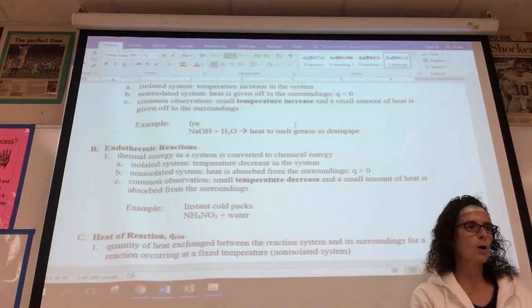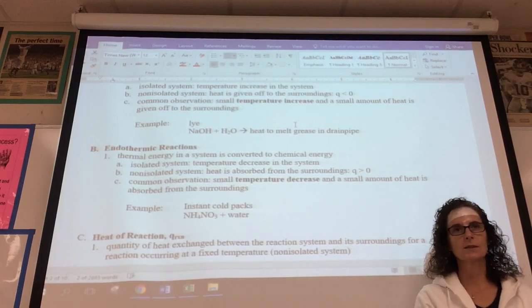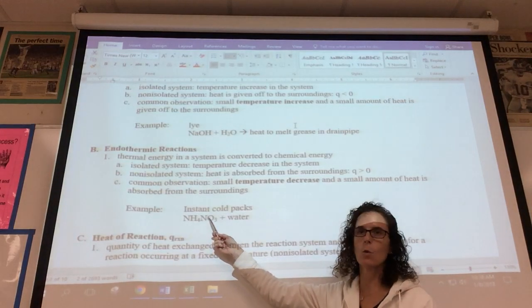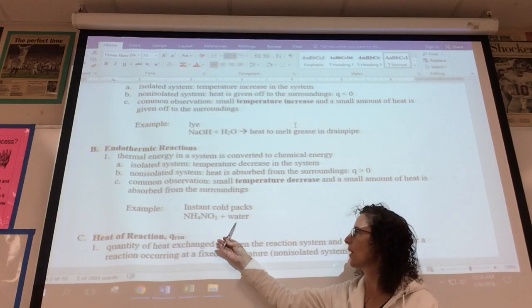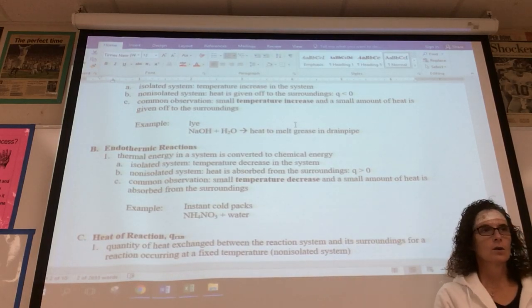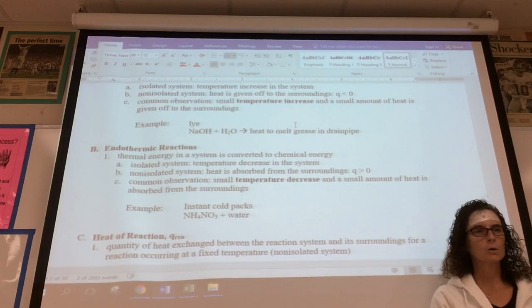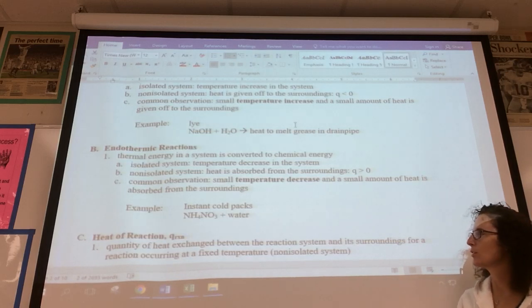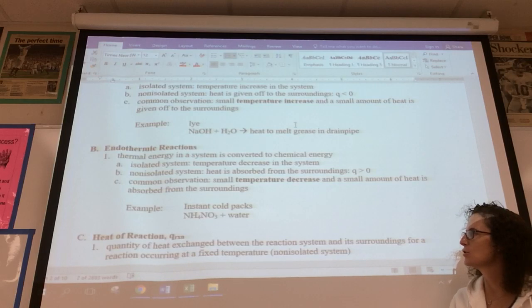You smack the cold pack, allowing the 2 sections to mix. You've got ammonium nitrate in one and water in another. And when the 2 mix, the reaction gets colder and colder, and then you can place that on your knee or whatever it is that you have injured.